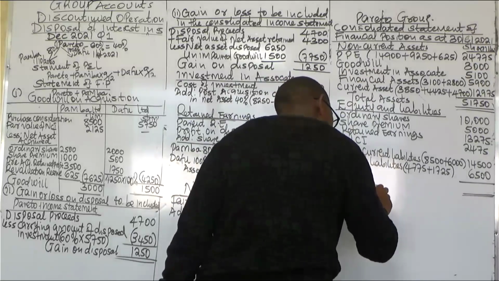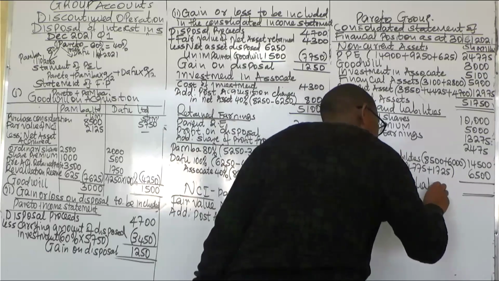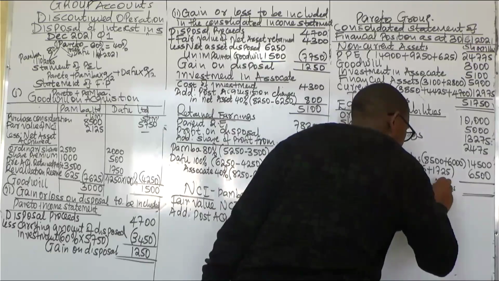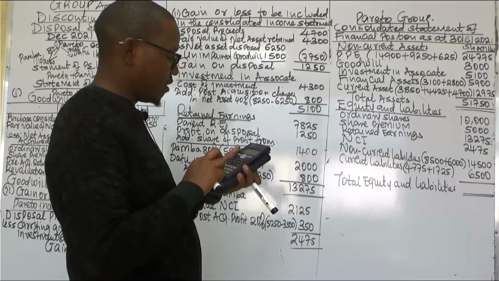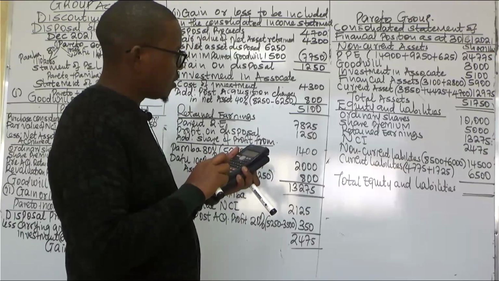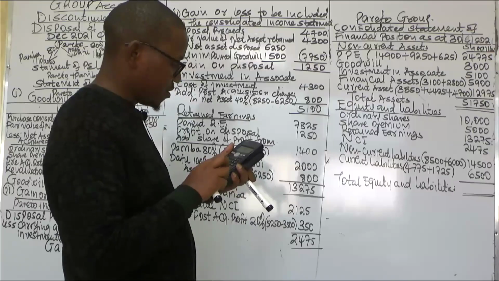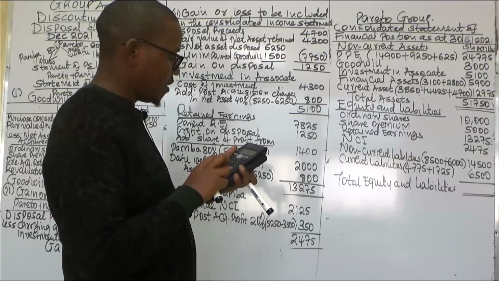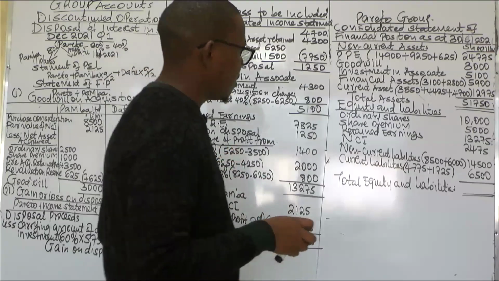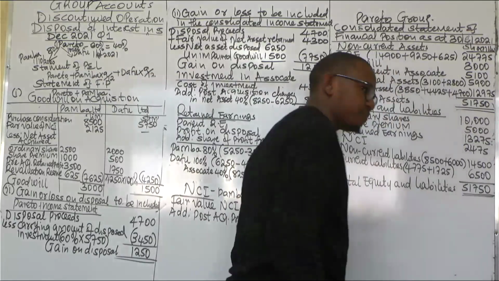So get the total equity and liabilities. Total equity and liabilities: 10,000, 5,000, 13,275, 2475, 14,500, 6,500 is 51,750.